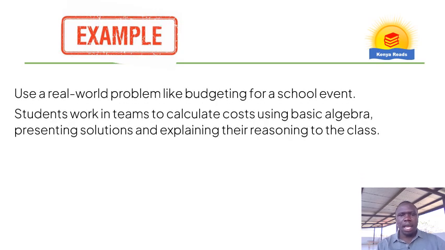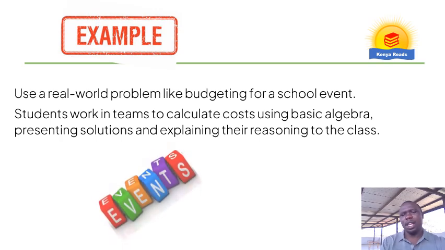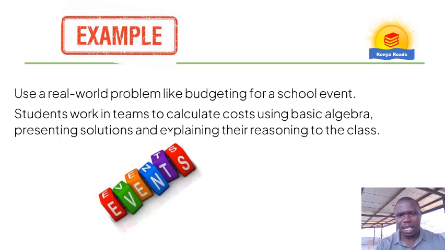Another example is you can use real world problems like budgeting for a school event. So if we have a school event, maybe we have sports day, you can ask them to come up with a budget, and when they are budgeting, they'll come in teams. They'll be able to calculate maybe the cost.